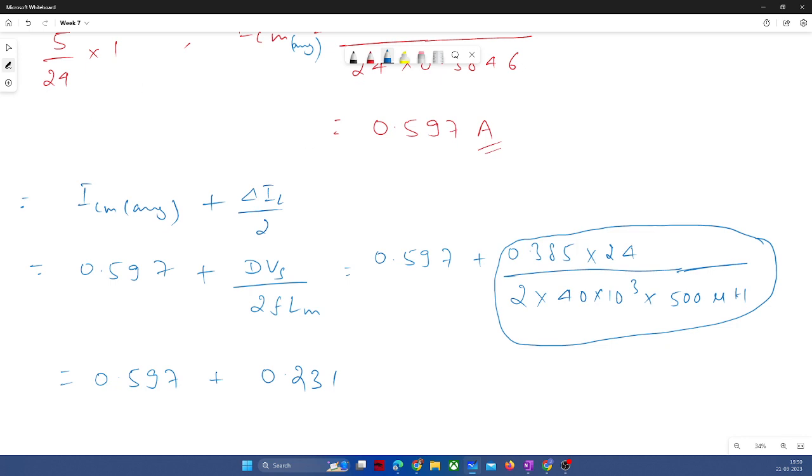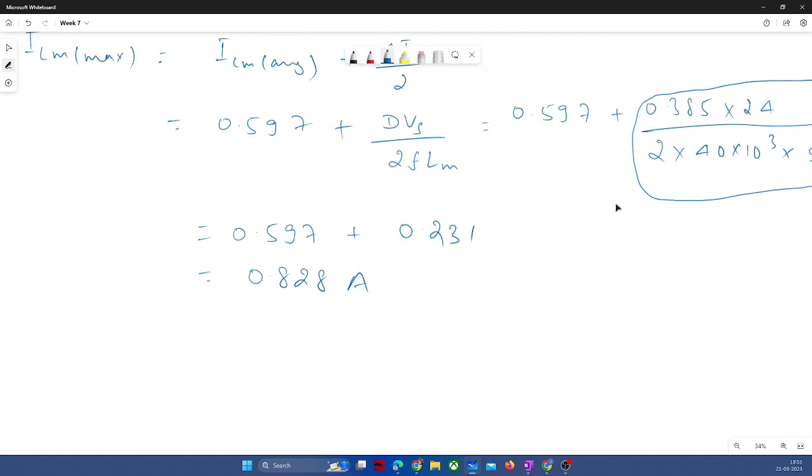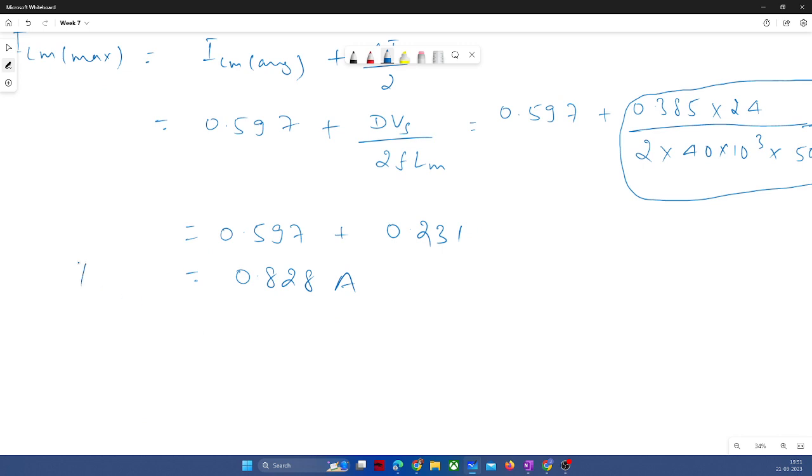Yes, sir, okay, thanks. So if you add, you get 0.828 ampere, that is the peak value of magnetizing current. Similarly, the minimum value of magnetizing current is 0.597 minus this value, that is del IL by 2.